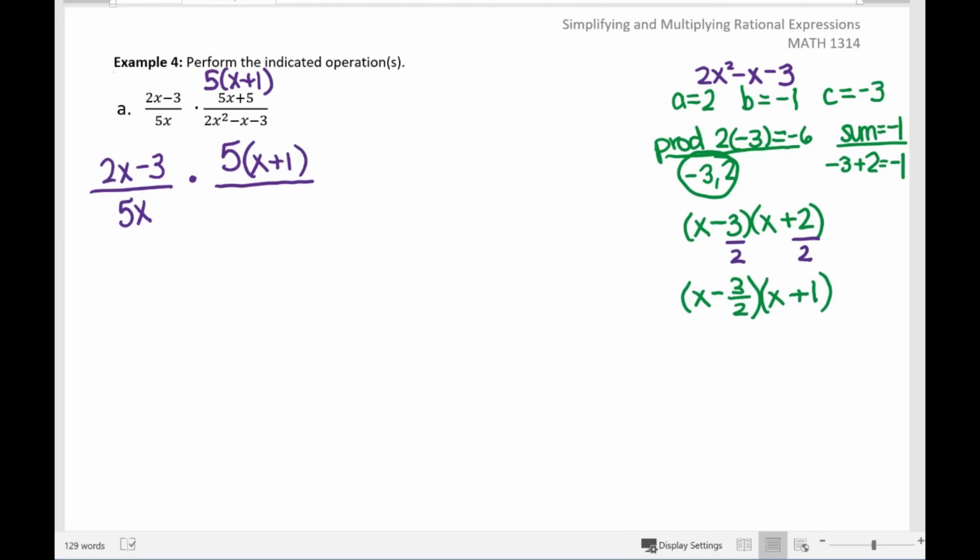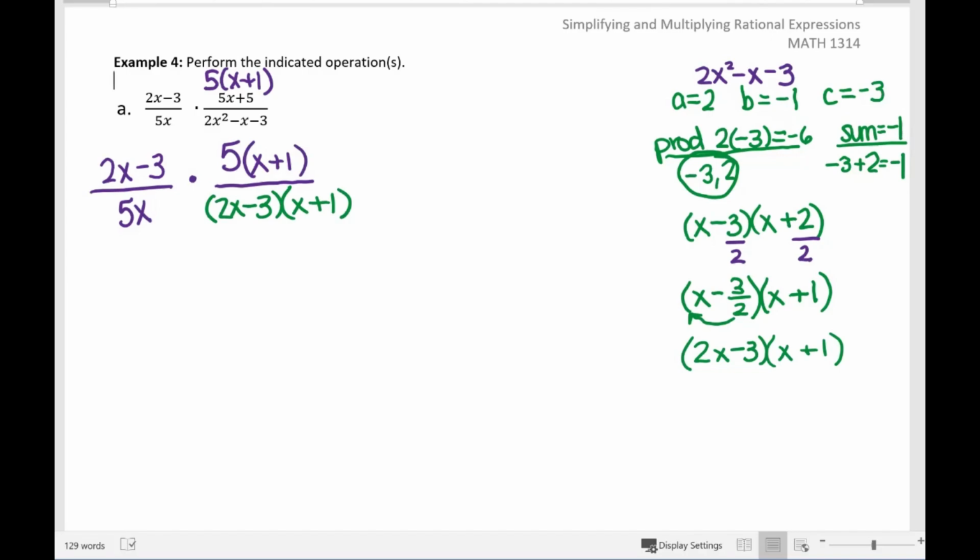Last step, bottoms up. Whenever you have a fraction remaining in your factor, the denominator comes up, the bottom comes up, which means that our final denominator in our problem factors to 2x minus 3 times x plus 1.